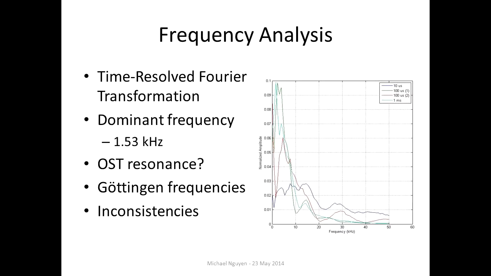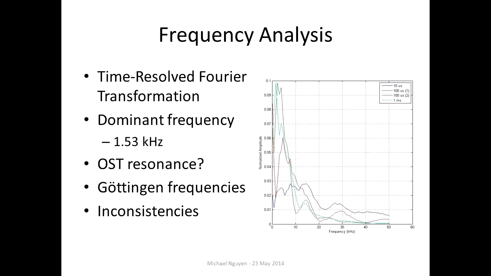Averaging over the 10 microsecond, the 100 microsecond, and the 1 millisecond pulses, we get a dominant frequency of about 1.53 kilohertz. However, the uncertainty associated with this measurement is quite high, as you can see, as the peaks on some of these averages are not as prominent, especially in the 10 microsecond data.